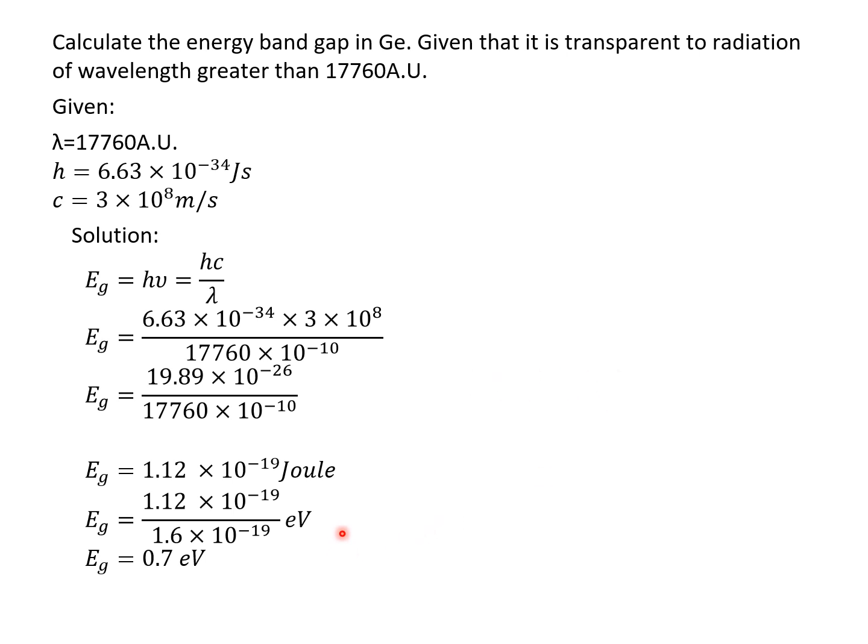We are dividing by 1.6 into 10 raised to minus 19 because we are converting energy gap from joules to electron volts. So the answer is 0.7 electron volts. Let us see the next numerical.